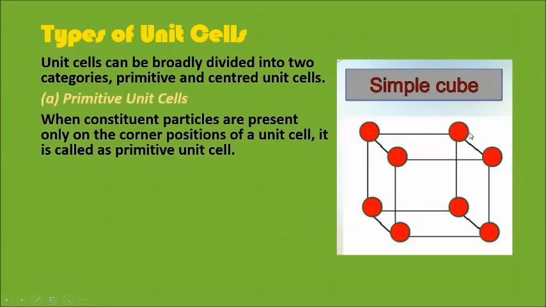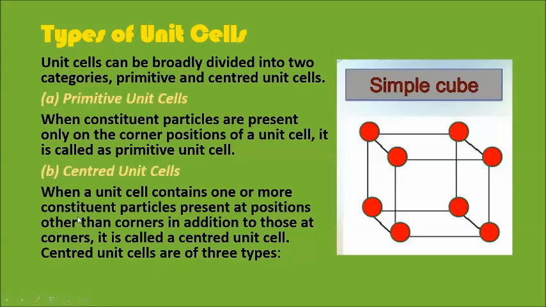We know that 8 corners are there for this cube: 1, 2, 3, 4, 5, 6, 7 and 8. Only at these 8 corners are the constituent particles present. Then we can name it as a simple cube or primitive unit cell.